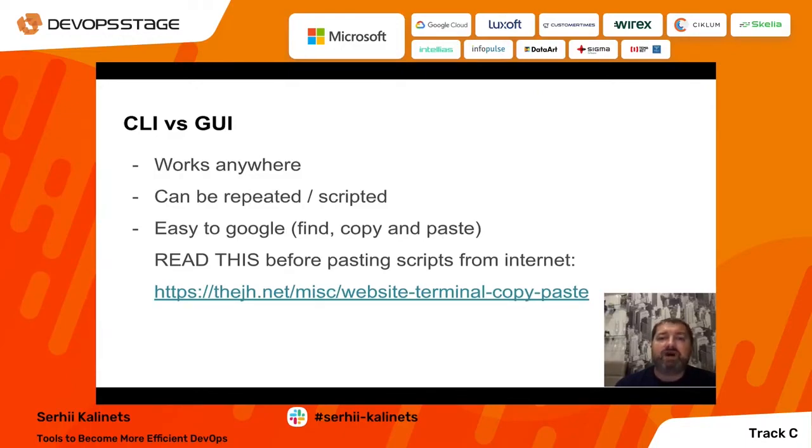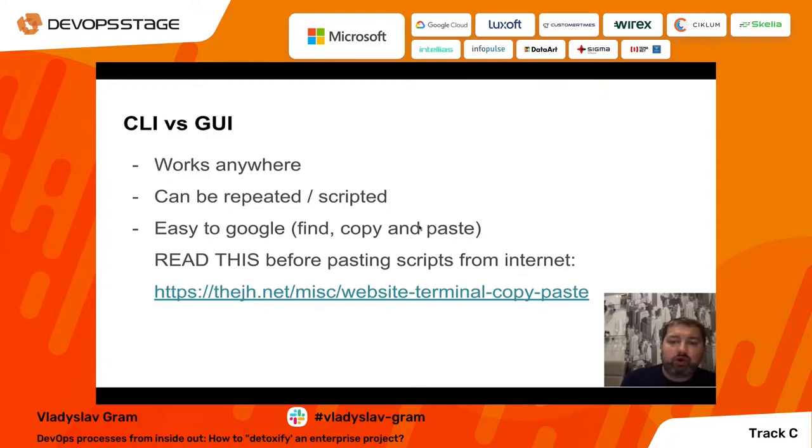And even if you find some modern stuff, you will get a bunch of screenshots. Click here, click there, and so on. And this is not very cool to follow. With CLI, you can Google, copy and paste, and that's it.